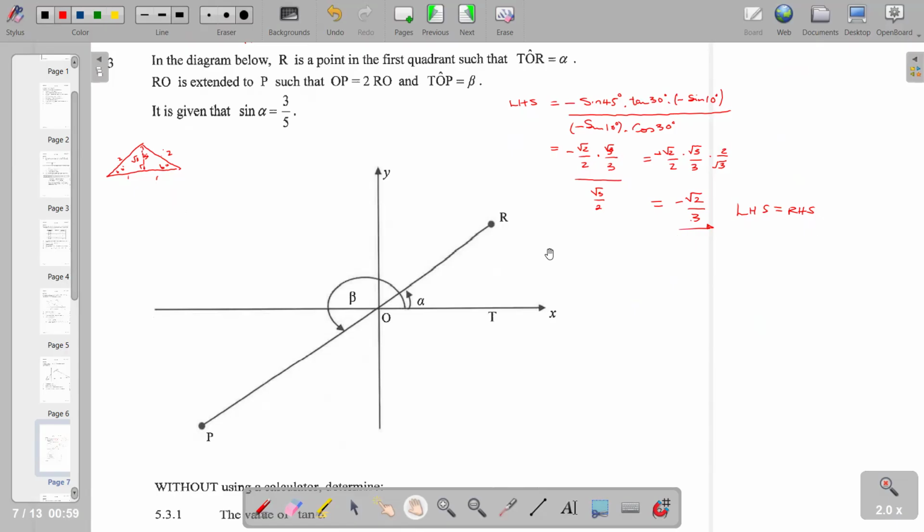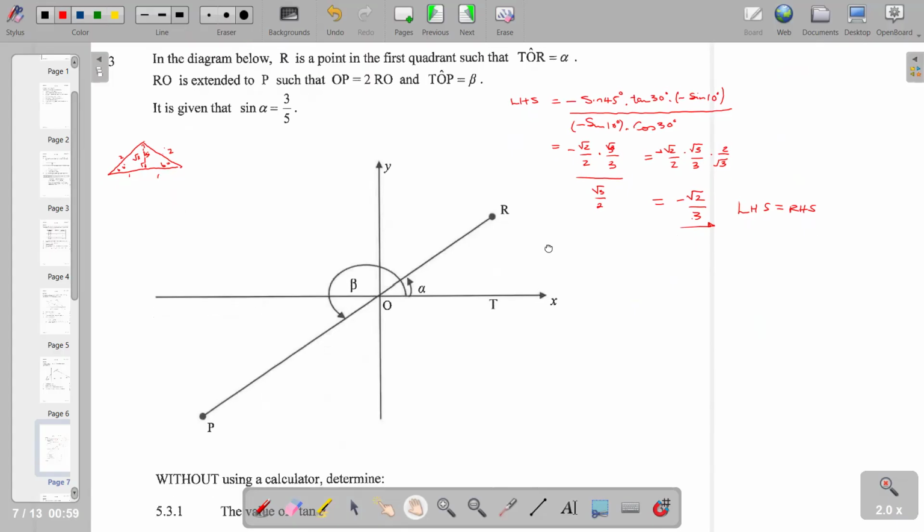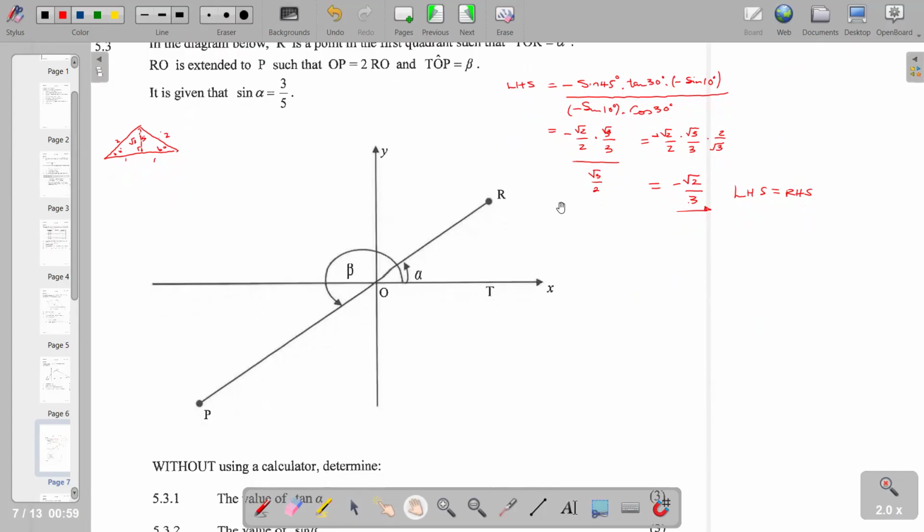It is given that sine alpha is equal to 3 over 5. And we know sine is opposite over hypotenuse. So if we come to this triangle, we are going to drop a perpendicular here.